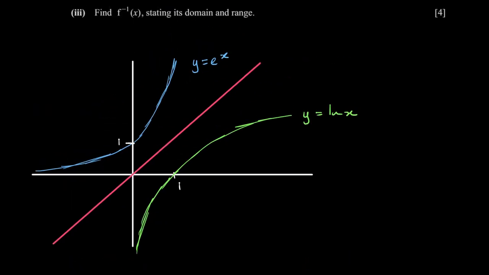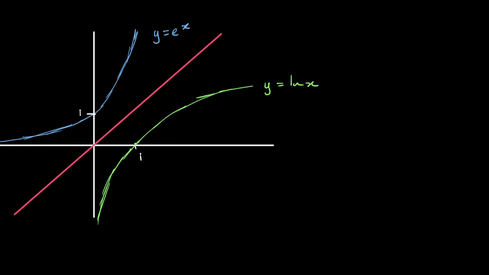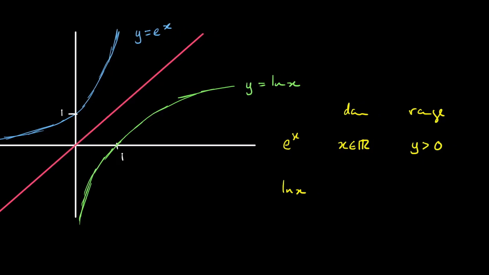And we can see that right over here with these two graphs. If I was to have the graph of e to the x and ln x, and I was to take the domain and the range: what was the domain of e to the x? It's x must be all the real numbers. What's the range of e to the x? Well, y is greater than 0. Then if the natural log is the inverse of this function, what's the domain got to be?